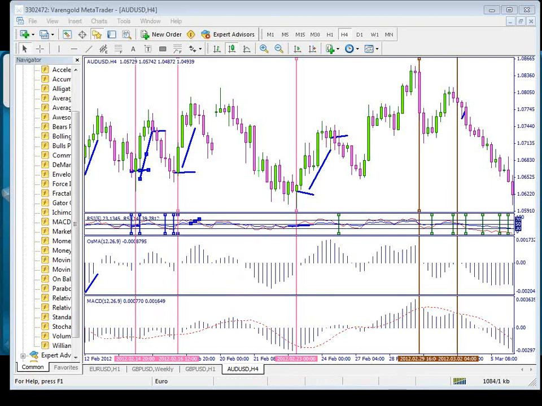Both of them are related to some moving averages, but we can see that there are some differences between those two. When we have a low in the oscillator of moving average, we don't have the confirmation also in MACD.